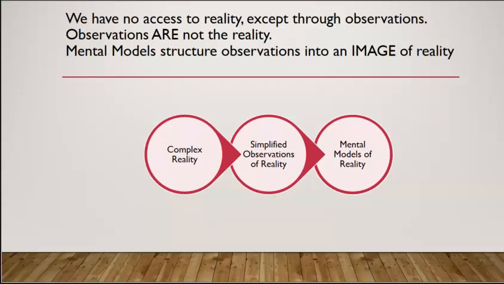So we have no access to reality except through observations. Observations are not reality. And there are three different things. In order to understand models, we have to keep all these three things in mind. There's the reality out there. Then there is the observation of reality, which is like the image on the retina.